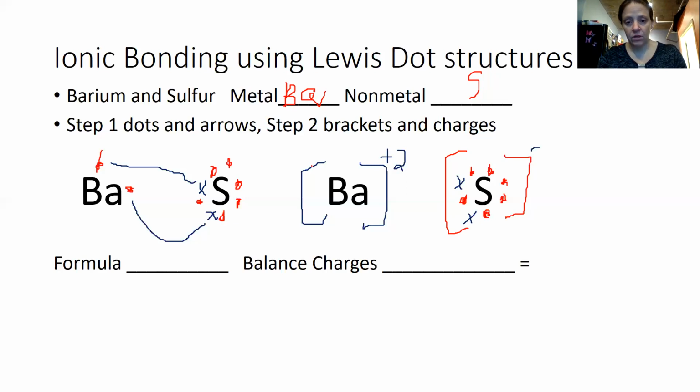So we're going to have a -2 charge here. And now my formula, once again, is a 1-to-1 ratio, so that means I have 1 barium for 1 sulfur. So BaS, okay, is going to be our chemical formula.